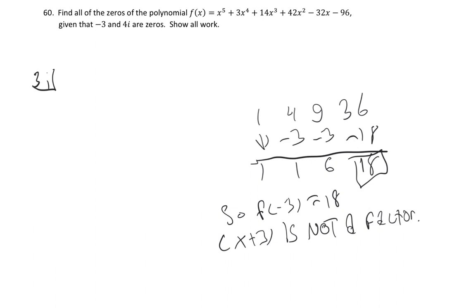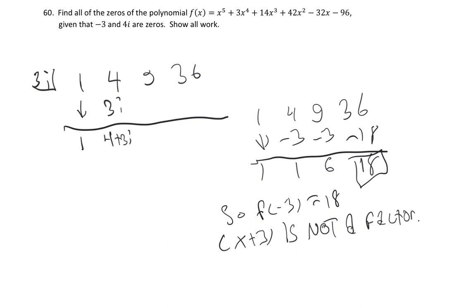So the root for the next one we want to check is, so it's x minus 3i. So the root is 3i, and we're going to do the same process. So it's 1, 4, 9, 36. Drop down the 1. 3i, we get 4 plus 3i. We multiply by 3i again, we get 12i. And then 3i times 3i is -9.